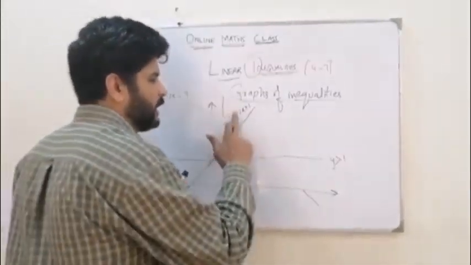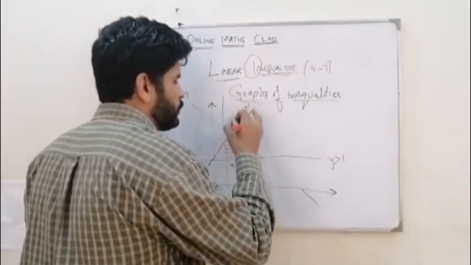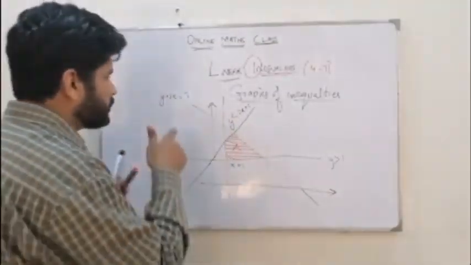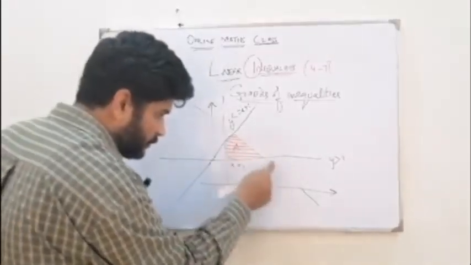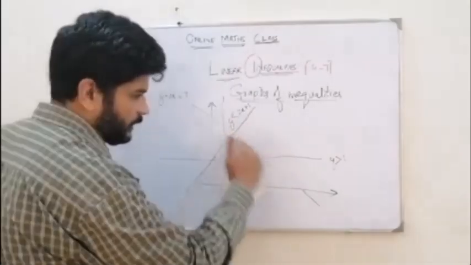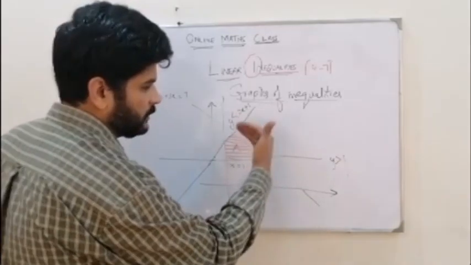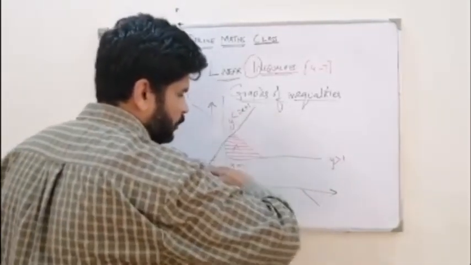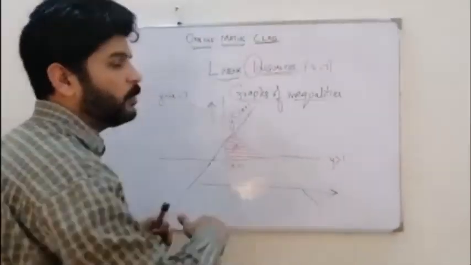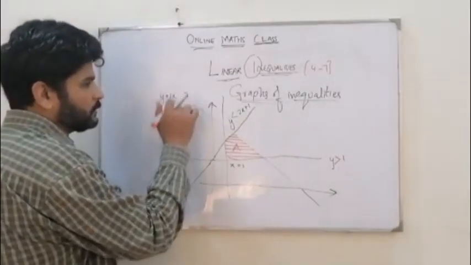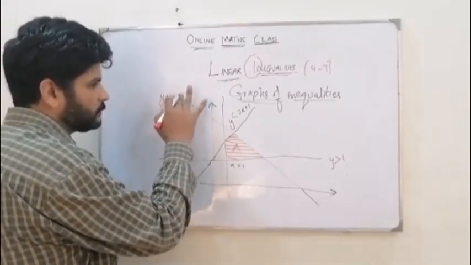So you will write this as y is less than 2x plus 1. Now let's go to this line, which is this way. Can you tell me whether the shaded region is above this line or below this line? Look, it is below this line. So again, below, y decreases, y becomes less. So y is less again.